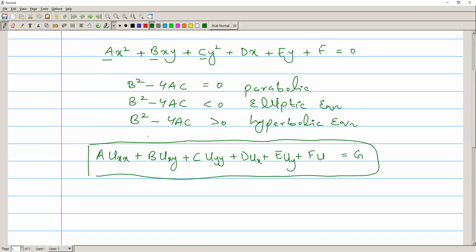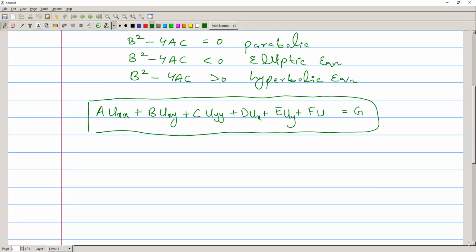We will classify these partial differential equations by using the same properties, using the coefficients A, B, and C. The rest of the coefficients are not important for the classification. If b squared minus 4ac is equal to 0, the equation will be a parabolic equation.